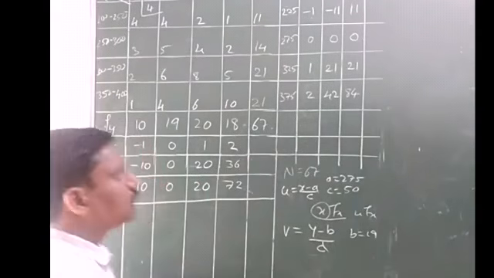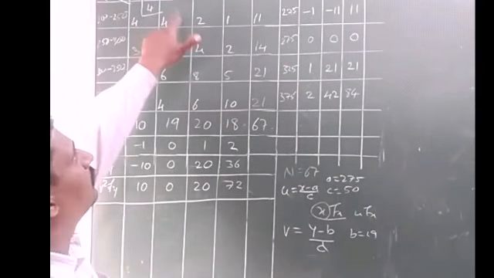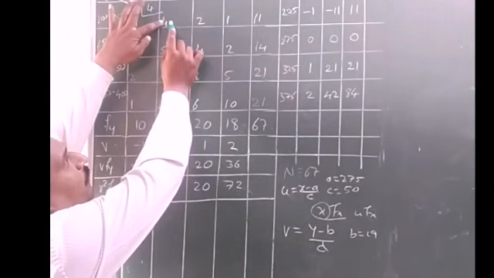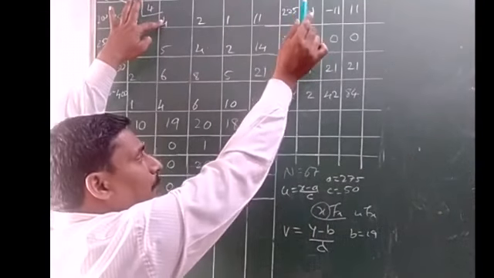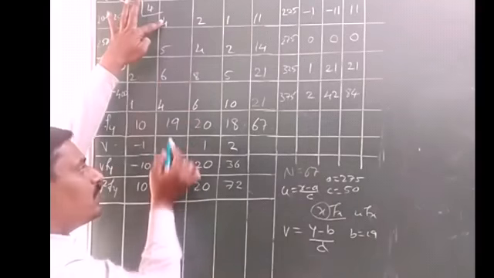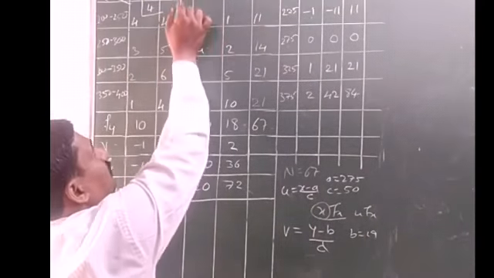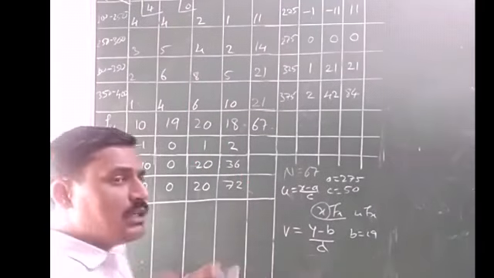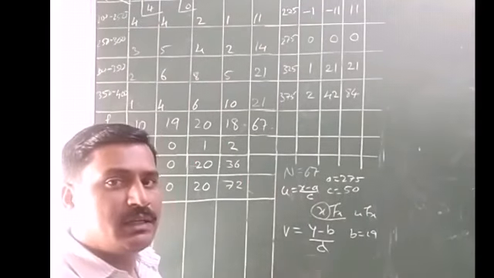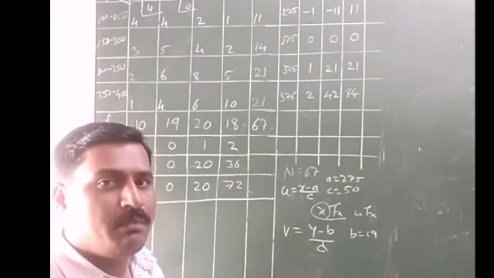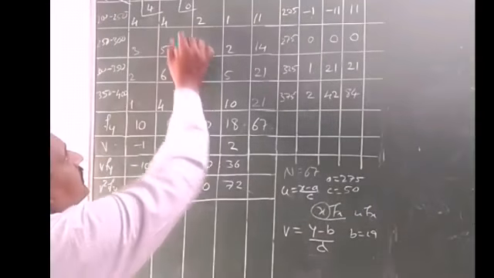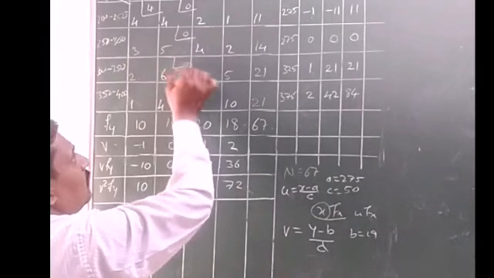Now second one, 4 into -1 is -4. -4 into V value is 0 here, so it will become 0. So wherever 0 comes, that column or row becomes 0. So write 0 in all cells here.